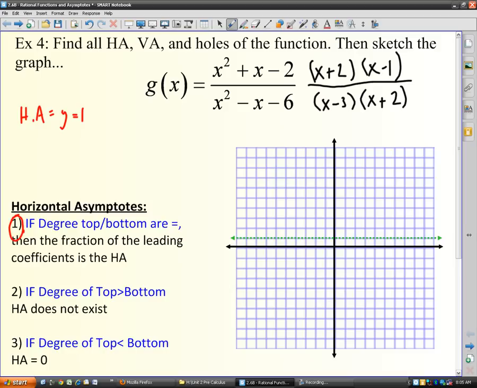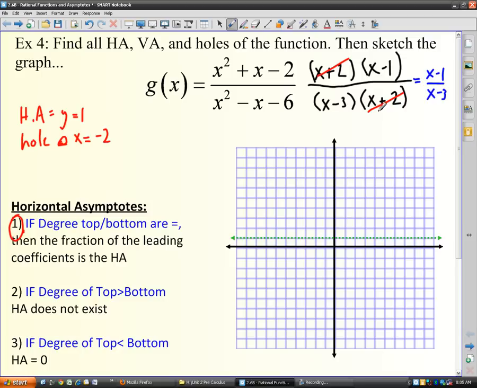You'll notice right here that the x plus 2's will cancel out, and that means there's a hole in the graph at x equals negative 2. So there's a hole at x equals negative 2 if I set those equal to 0, and the function that agrees everywhere but at that point is really x minus 1 over x minus 3.